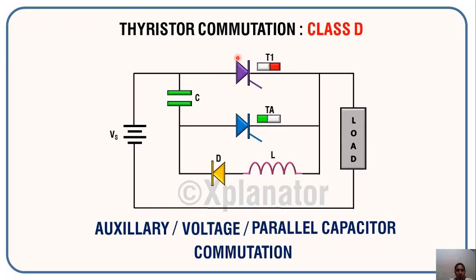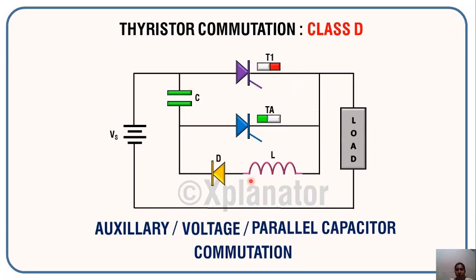Now we turn on this thyristor so that load current starts flowing through this thyristor, load and back to battery. At the same time, there is a fully charged capacitor, and once T1 is turned on or fired, it acts as a short circuit. So C, T1, L and D will form a resonating circuit.